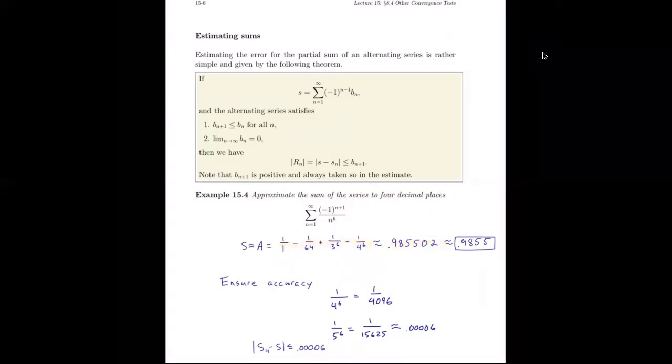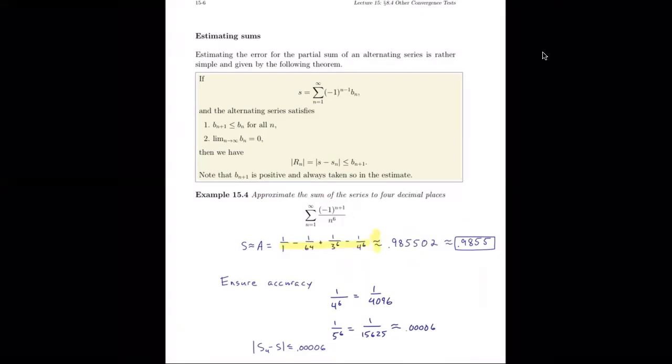Now, if I want to check that error, or if I wanted to check before I wrote this down, should I go to plus 1 over 5 to the 6th as a next term in here? The reason I knew to stop was because I want to ensure my accuracy. I write down 1 over 4 to the 6th, and I know that that's not quite going to have 4 zeros in its decimal place, though it's close, but 1 over 5 to the 6th probably will.